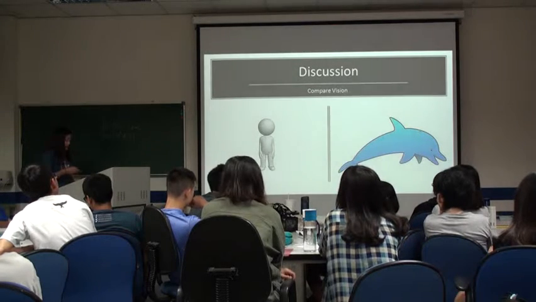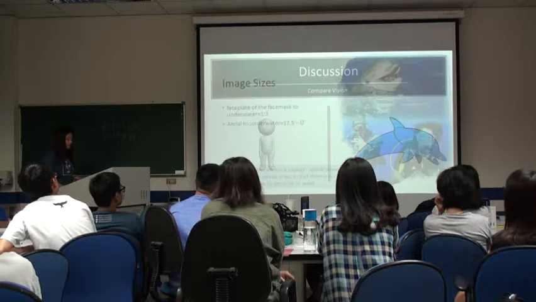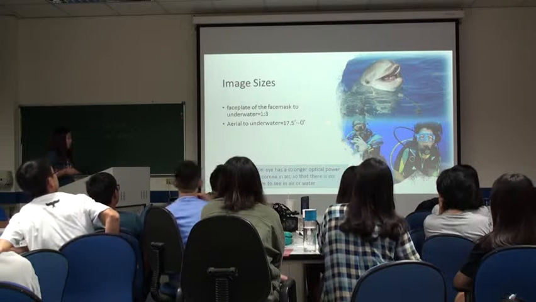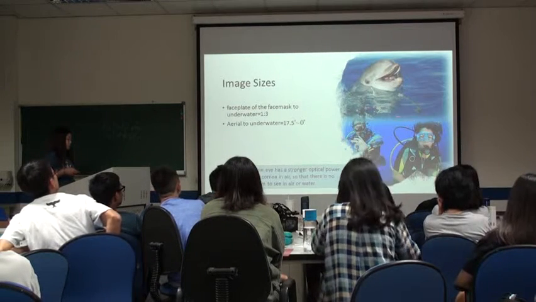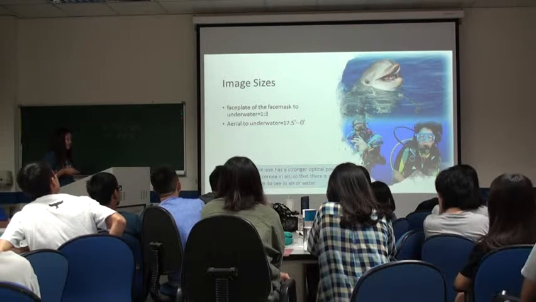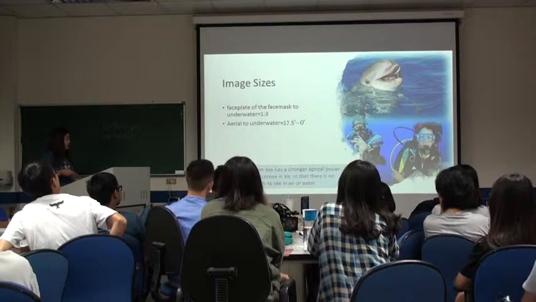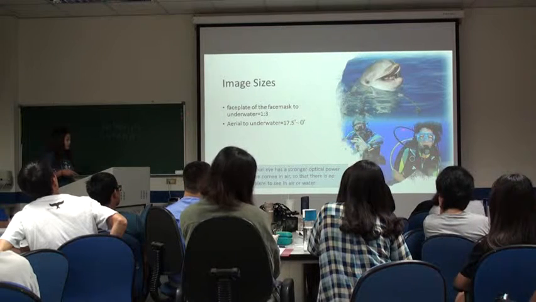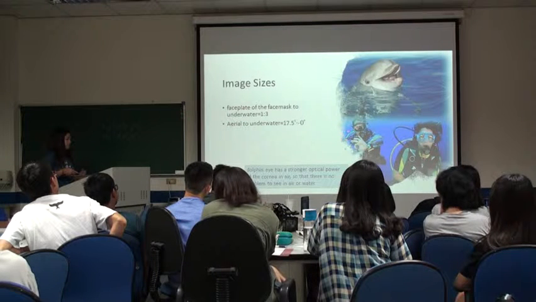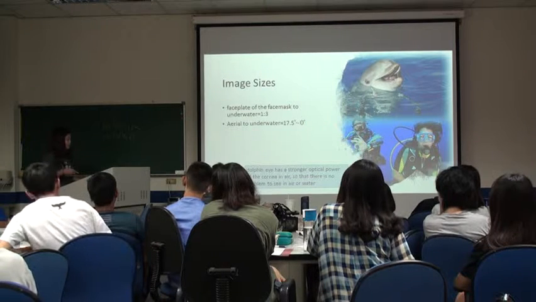And here's the discussion. We will compare humans to dolphins. It is about image size. Image size means if people use a face mask underwater, we will see things become bigger. It's because of the face mask to underwater distance ratio of 1 to 3, which means things will be bigger by triple.